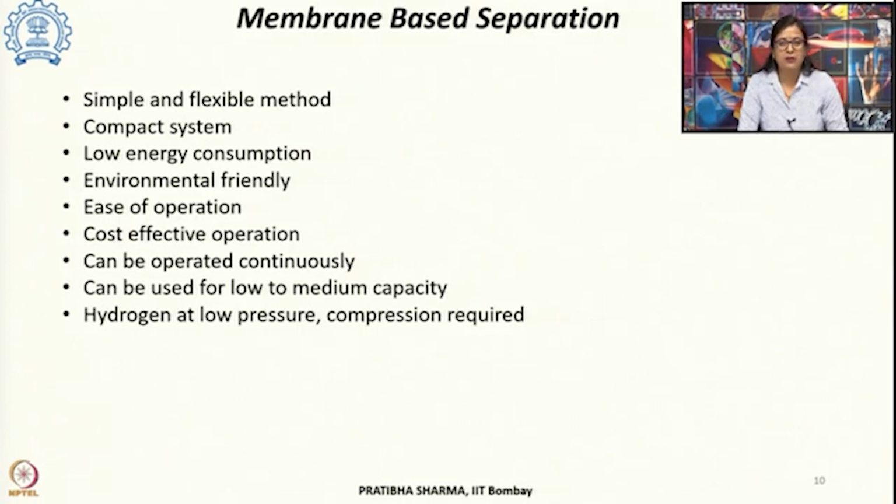However, the capital cost depends upon the cost of the membrane being used. It is a continuous process, so it can be operated continuously. However, membrane based separation is used for medium to low capacity plants. The major disadvantage is it gives hydrogen at a lower pressure. So, for applications where higher hydrogen pressure is required, another compressor needs to be integrated, and that adds to the cost as well as energy.